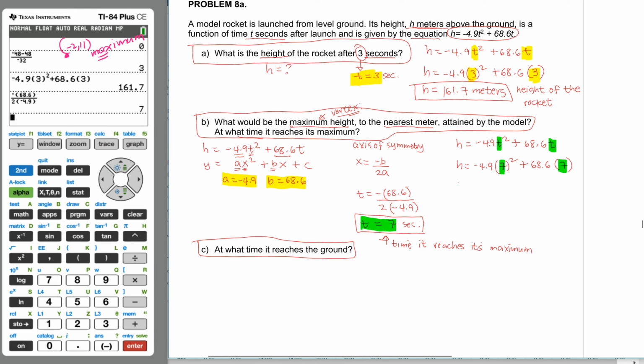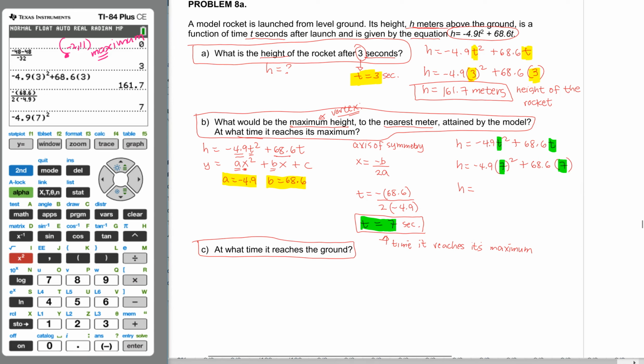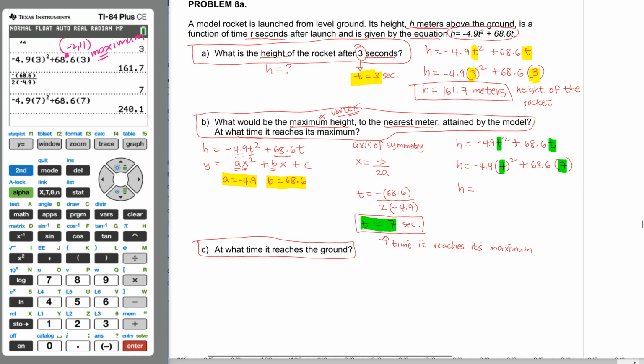Enter everything in the calculator: negative 4.9 times 7 squared plus 68.6 times 7, and press enter. This one is 240.1.